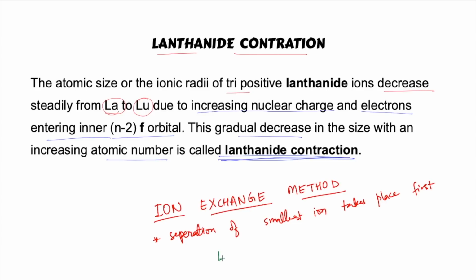The order goes like this: lutetium +3 will come out first, then ytterbium +3 and so on. Based upon the size, this will come first and then ytterbium and the rest, because lutetium is the smallest in size among all the lanthanides, right? So this is one of the points which you need to know. If you want to study the ion exchange method, you can study it completely, but at least this is something you should know.